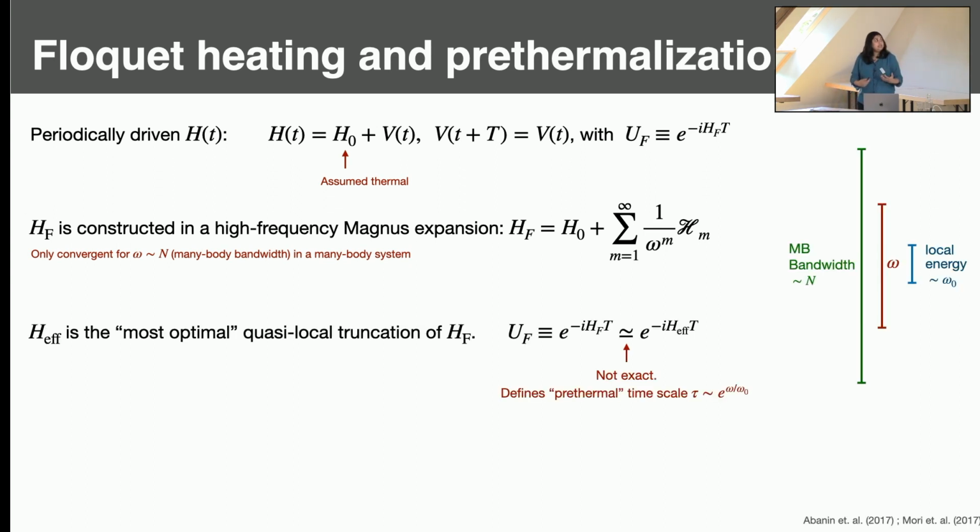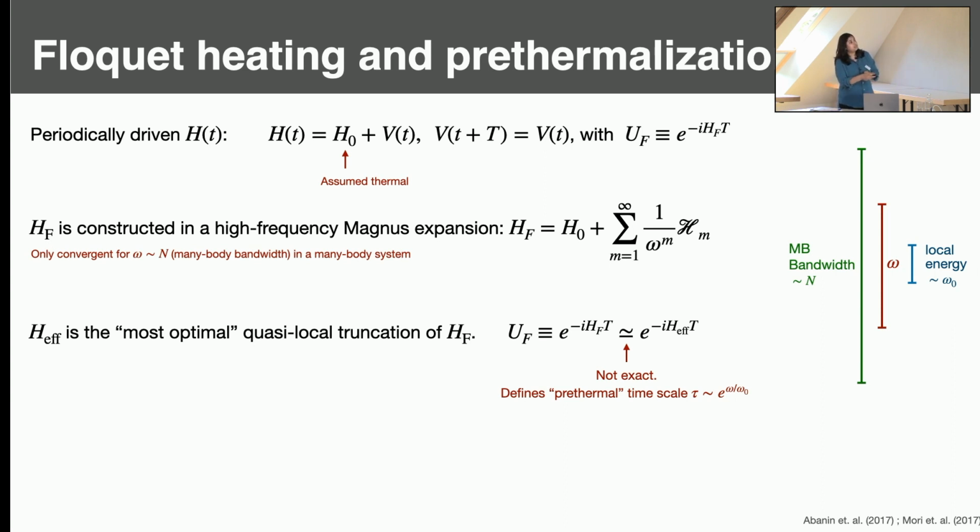But in what's known as a pre-thermal regime, you can arrange your scales so that your frequency omega is much, much bigger than some local energy scale in the problem, which we define as omega naught. This could be the scale, for instance, of couplings that exist in H naught.